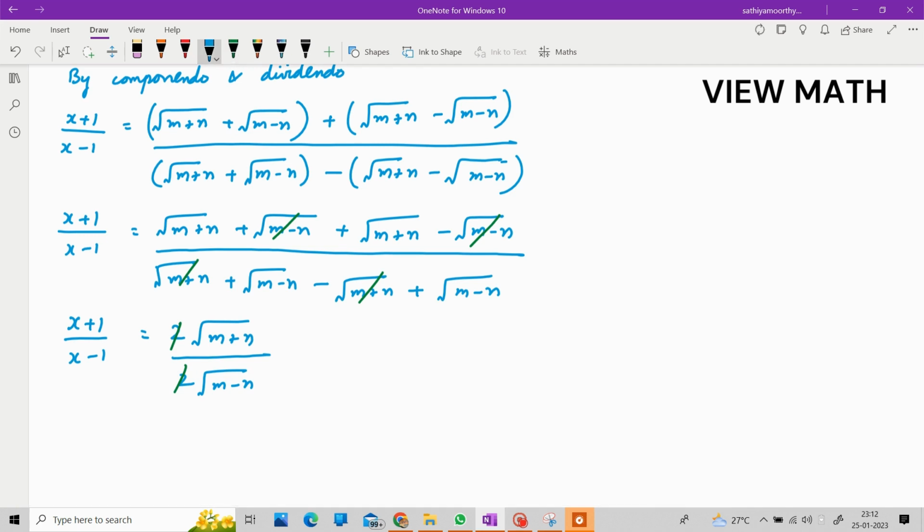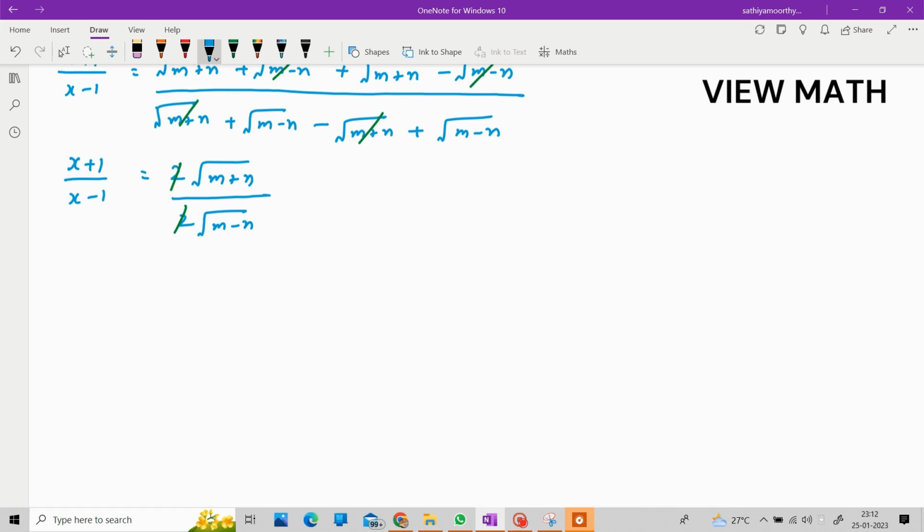Now I am going to square both sides. We get (x + 1)^2/(x - 1)^2 is equal to (m + n)/(m - n).